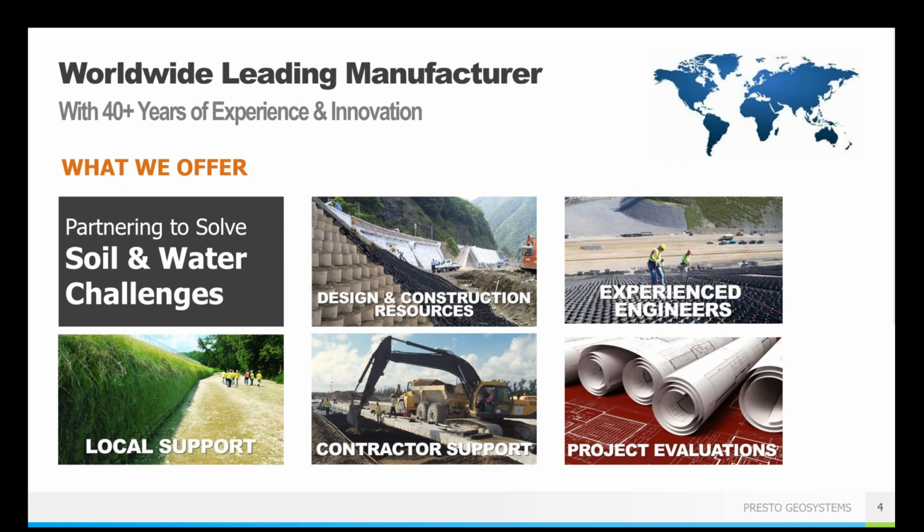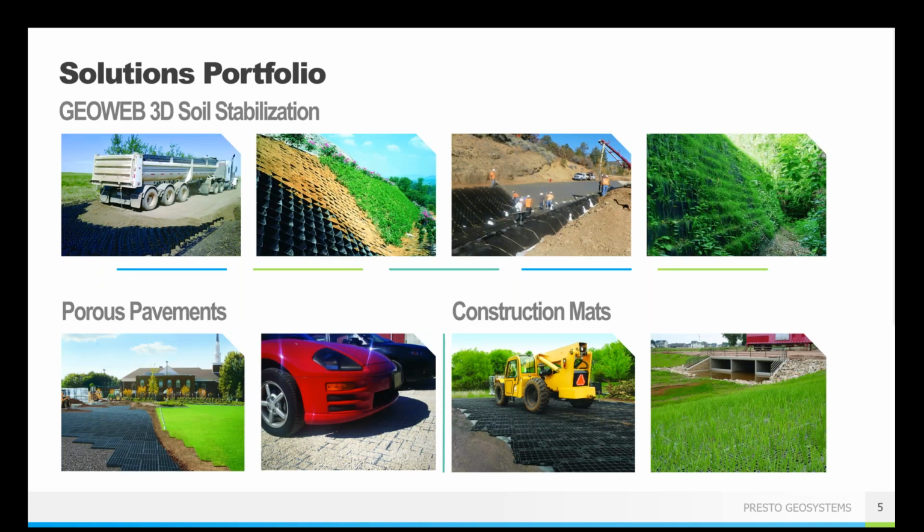So we do operate in 4 main application areas when using the GeoWeb GeoCell. Those are going to be load support, where you're supporting vehicles, slope and channel erosion protection, and then constructing green retaining walls. We also offer porous pavement solutions, which we have both a vegetated and an aggregate surface solution, and lightweight reusable construction mats, something that would replace your timber matting.